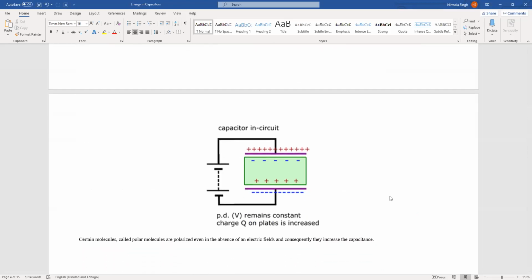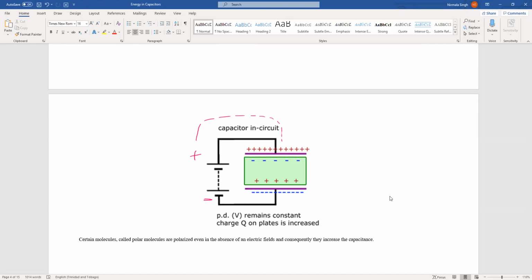If I have my circuit connected to my capacitor, this is our positive plate, this is our negative plate, right? We assume that current flows into your capacitor. So we now have our positive plate.